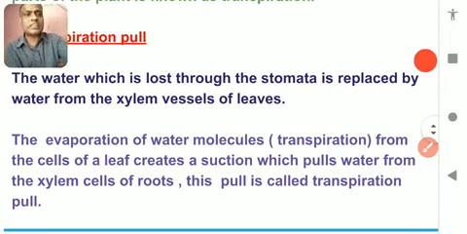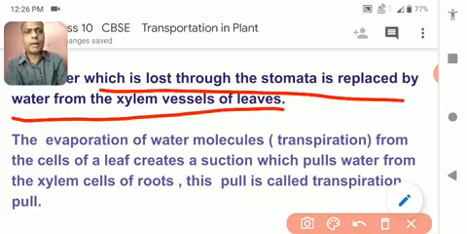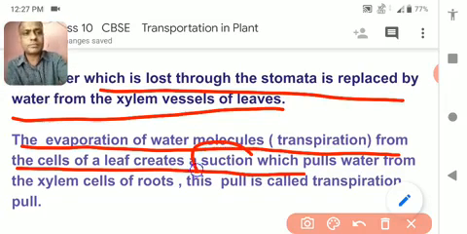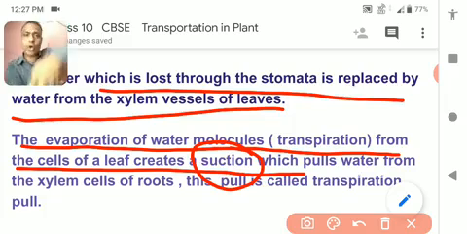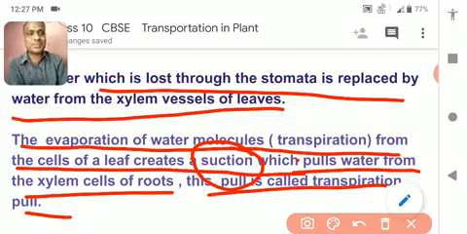The water which is lost through the stomata is replaced by water from the xylem vessels of the leaves. The evaporation of water molecules from the cells of the leaves creates a suction force. Suction force means drawing water from the lower to the upper side, which pulls the water from the xylem cells of the root, and this pull is called transpiration pull. I think you understood this.